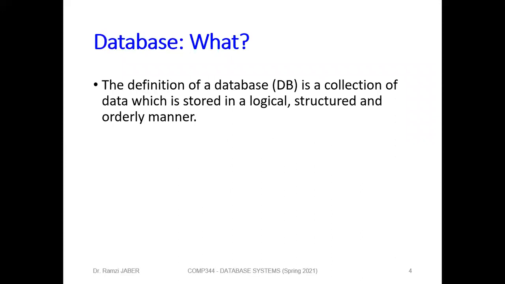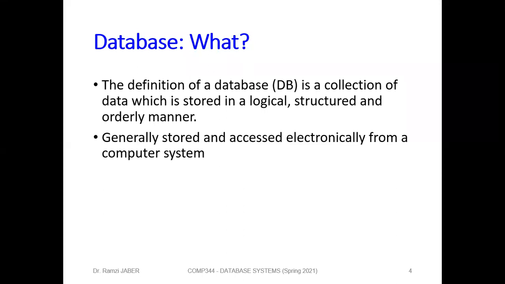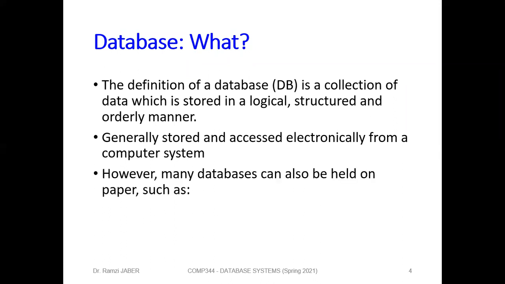The definition of a database is a collection of data which is stored in a logical, structural, and ordinary manner, generally stored and accessed electronically from a computer system. But many databases can also be held on paper sheets, such as a phone book, for example the yellow pages, or a law firm.